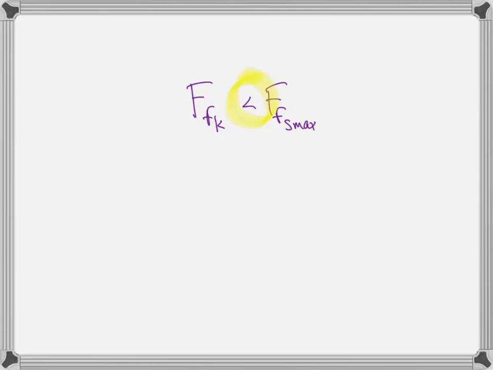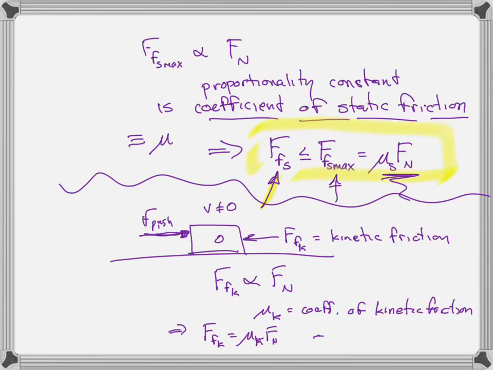But this is true, which tells us that mu sub k is always less than mu sub s. The coefficient of kinetic friction is always less than the coefficient of static friction because both the kinetic frictional force and the maximum static frictional force are proportional to the normal force. Since F_fk is always less than F_fs max, mu k must be less than mu s.